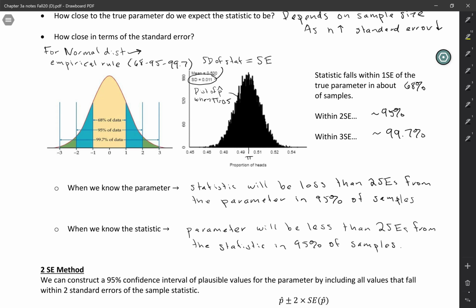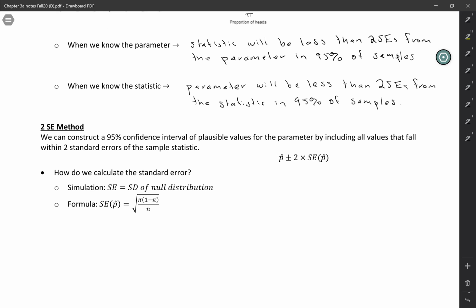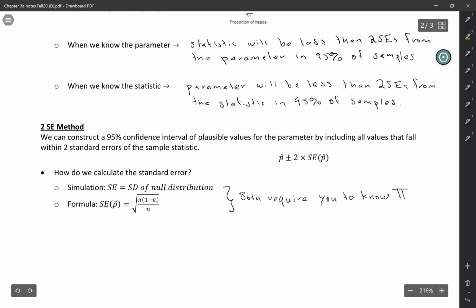So that's kind of what's going on up here, right? We've got the standard deviation of a null distribution. That's a way to estimate the standard error. Or we can plug into this formula, right? We've seen this formula before for the standard error of p hat. The problem is that both of these require you to know what pi is, right? Because if you're going to do your simulation, you have to start by putting in a value for the probability.